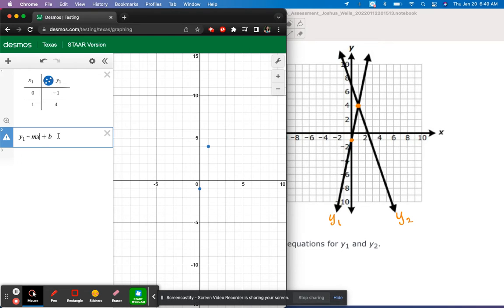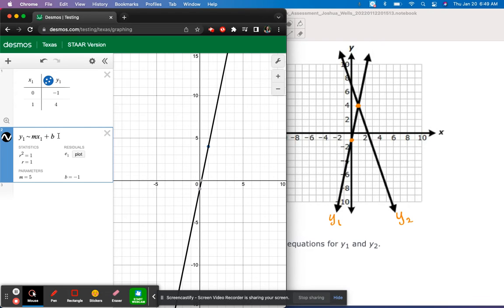Oops. And right here, my first equation is going to be y equals 5x minus 1. So that's our first equation.